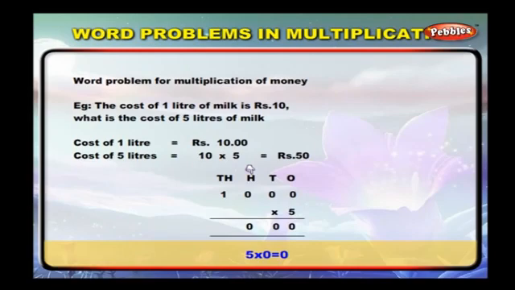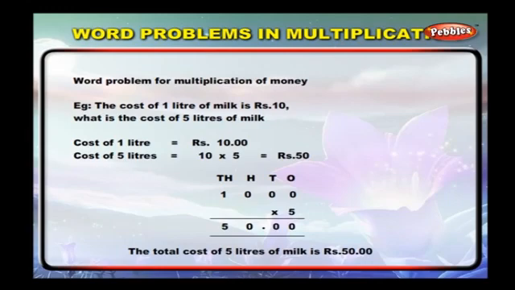Write 0 in the hundreds column. Multiply the thousands column. 5 into 1 is equal to 5. Write 5 below the thousands column. We get 5,000. Now put the point before the tens position as in the problem. The total cost of 5 liters of milk is rupees 50.